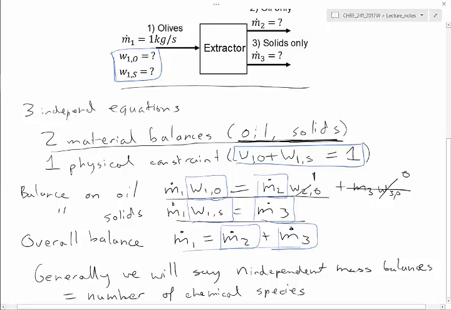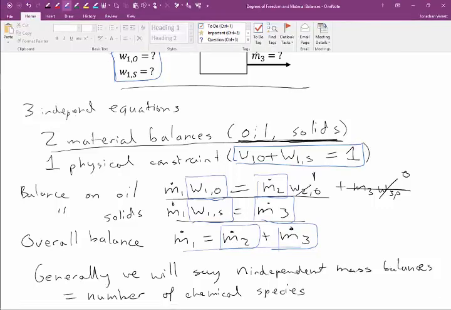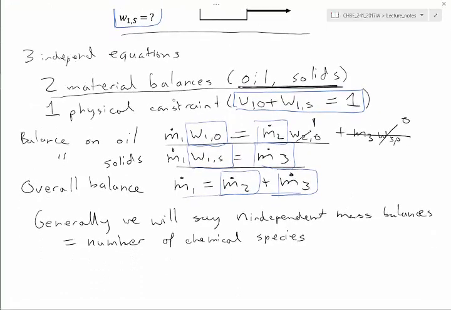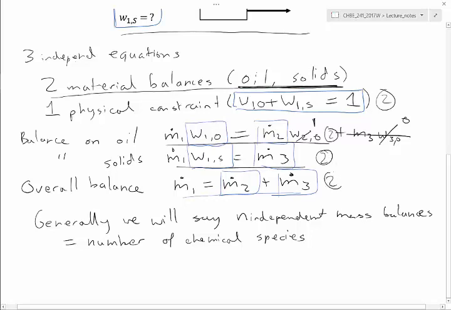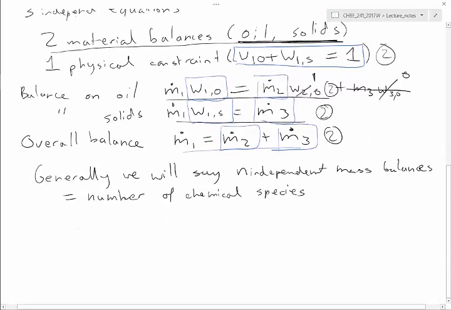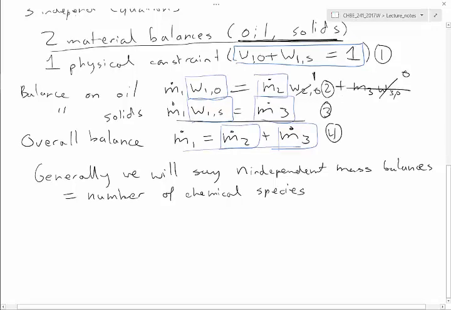Now if we try substituting all these equations into one another, we're going to find that we don't have enough independent equations to solve this entire problem, but we can try. So here in these equations, all of them have two unknowns, right? So let's say I'm going to number these equations 1, 2, 3, and 4.